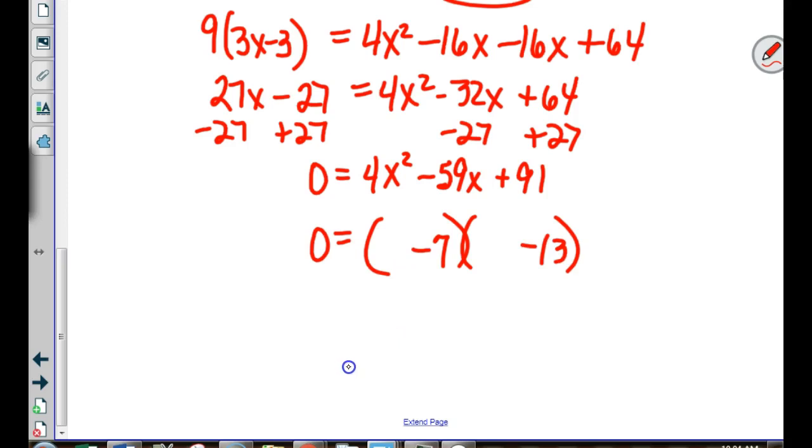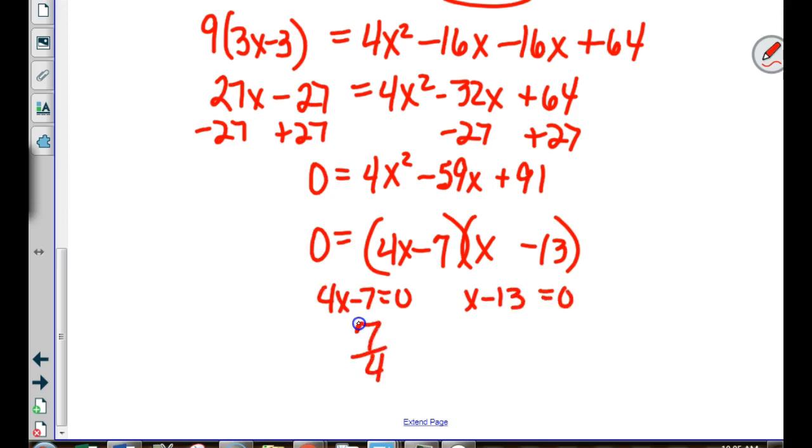Now, I think if we put a 4 and a 1, does that work, guys? 4x squared, this would be negative 52 and negative 7 would make negative 59? Yeah. Okay, so that was miserable. That would have been another 10 minutes of our life. But if we set each one equal to 0, what do we get? 7/4 or 13?